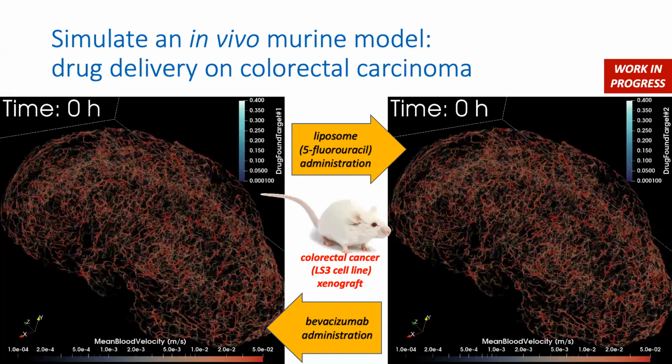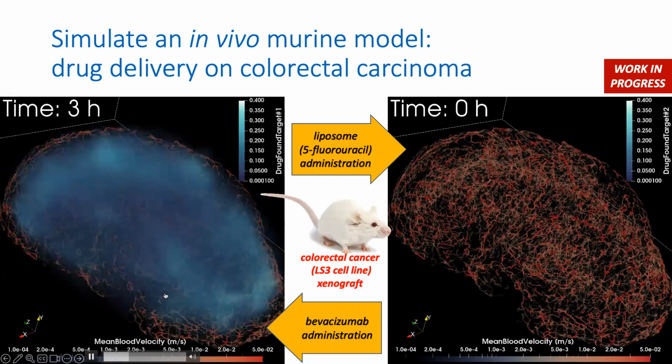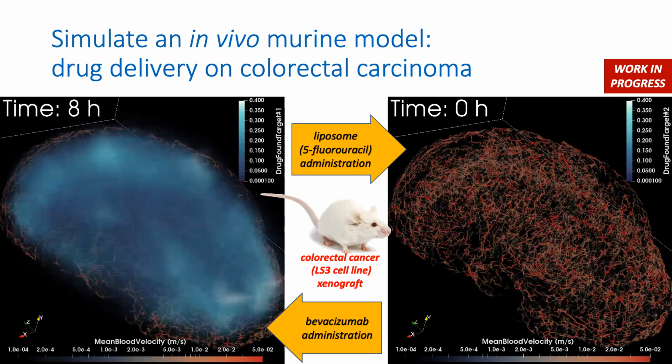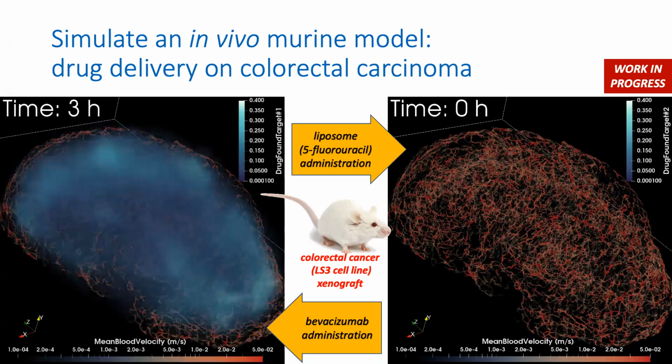So those things are vessels, and the more red they are, the more well perfused they are. They ran those simulations, and the contour is the drug concentration that has bound to the cancer.